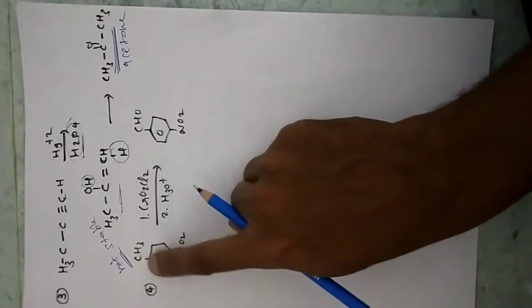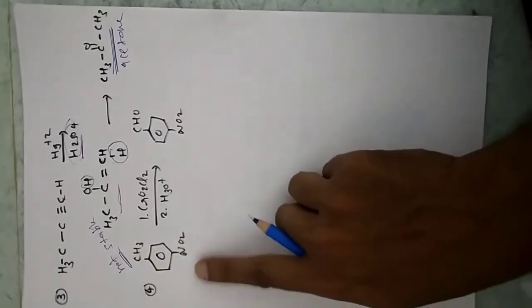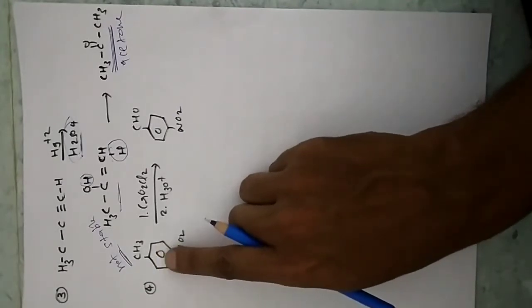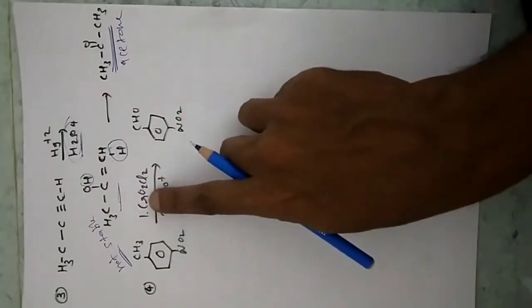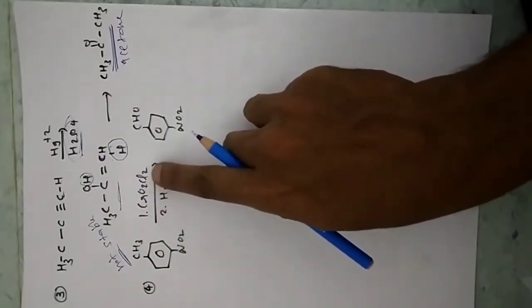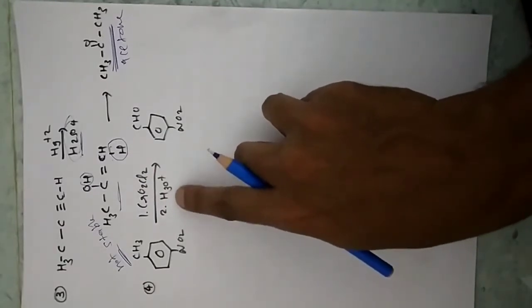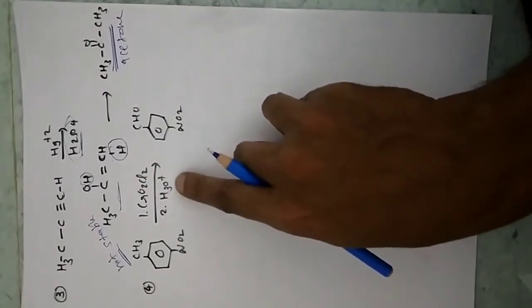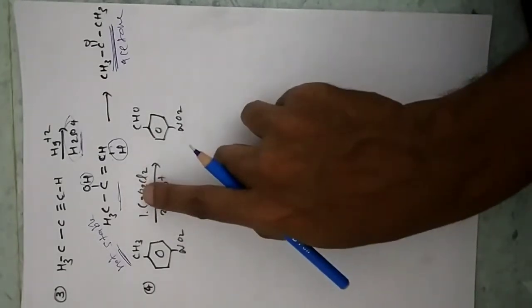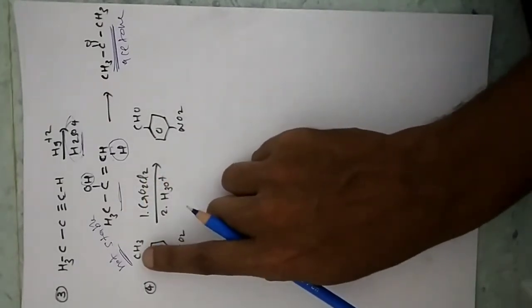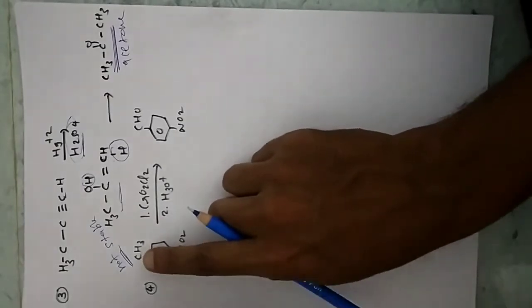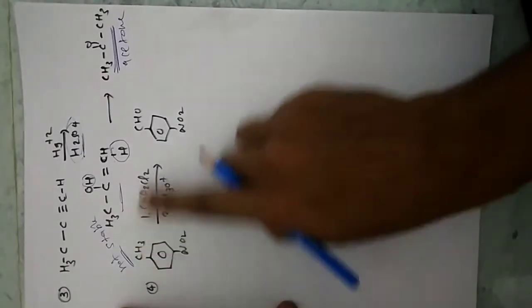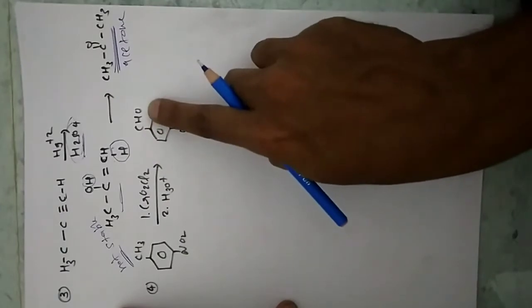Fourth one, para-nitrotoluene. The name of this compound is para-nitrotoluene. It reacts with chromyl chloride, CrO2Cl2, followed by acidic medium, H3O+. So chromyl chloride is the oxidizing agent. What you have to do is instead of CH3 just write CHO.